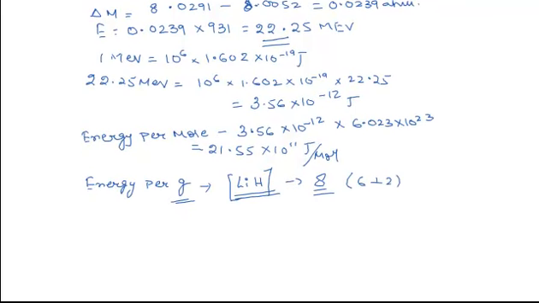I'm not talking of isotopic mass. So, the energy produced for 1 gram would be 21.55 into 10 to the power 11 divided by 8, and that will give you what? This will give you per gram, right?